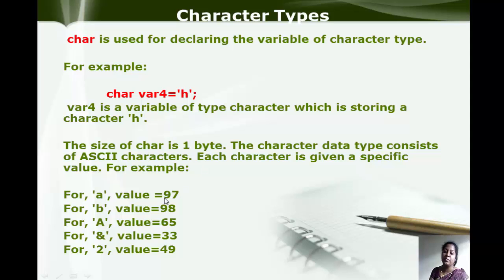For example, small a will have a value of 97, small b will have a value of 98, capital A will have a value of 65, ampersand will have a value of 33, and number 2 will have a value of 49. So in this declaration, var4 is equal to h, and this variable will contain the ASCII value of h.